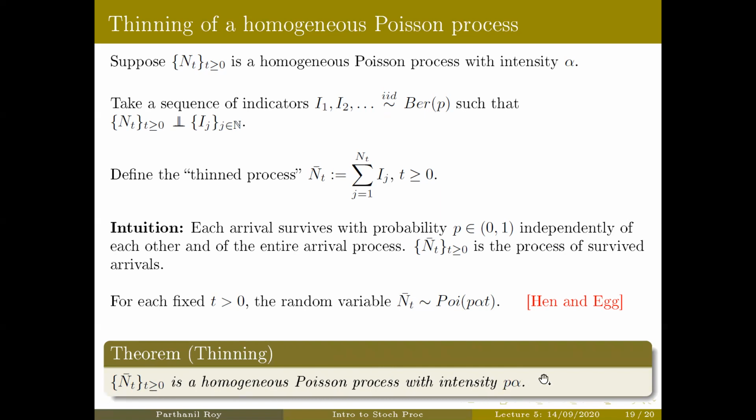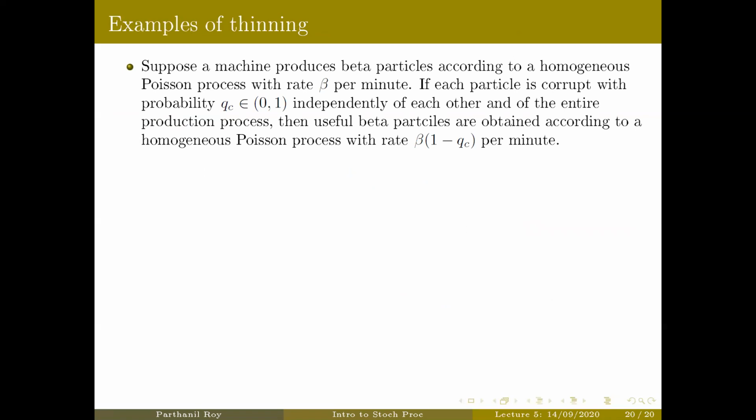However, in this lecture, we'll just give 3 examples of thinning arising naturally in physics, biology, and also in arrival process situations. Okay? So here are 3 examples. The first example is coming from physics. Suppose you have a machine that produces beta particles according to a homogeneous Poisson process with rate beta per minute.